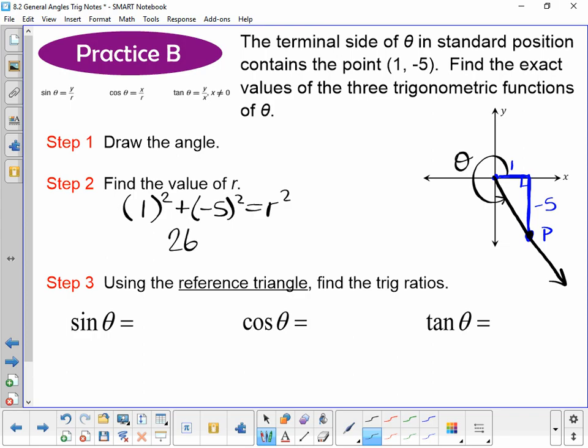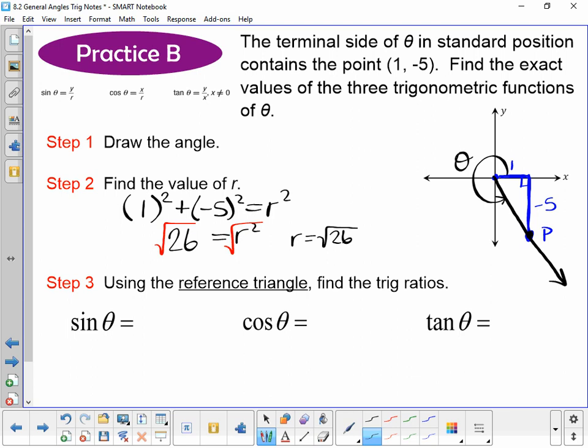Make sure you have your negative 5 inside parentheses. And finally, to find our length r, we're going to take the square root of both sides. So we have r equals the square root of 26.